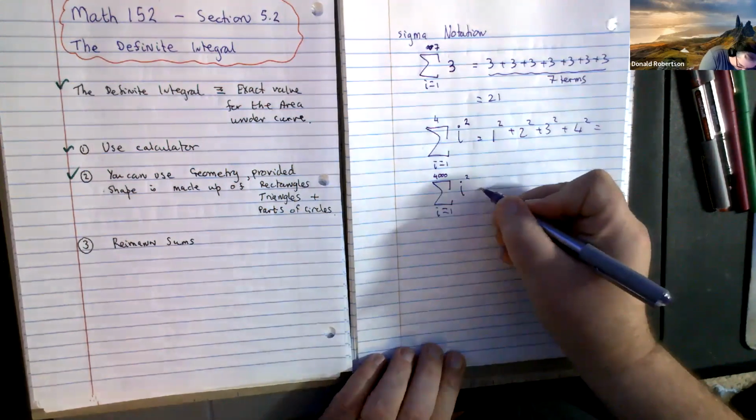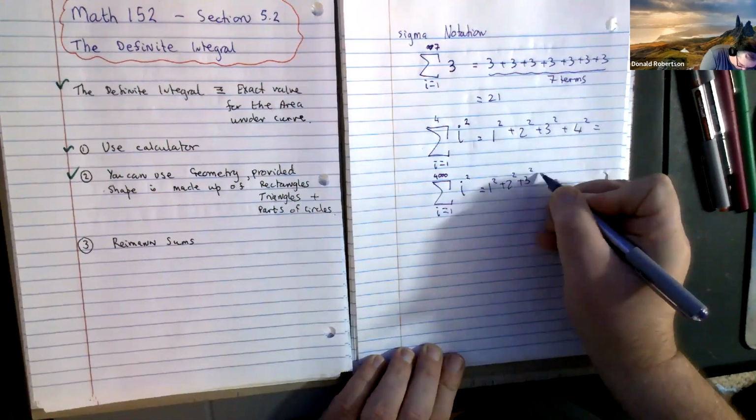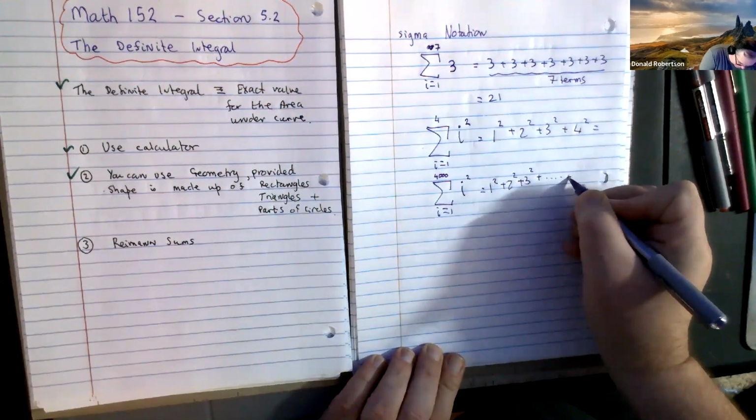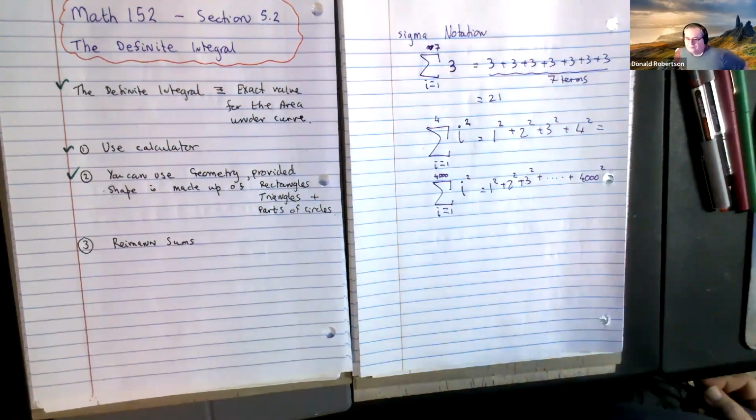Because technically it would be 1 squared plus 2 squared plus 3 squared, and then dot, dot, dot, and then you'd finish with what? In this case, 4,000 squared. So it's a very convenient way, isn't it, of representing a whole load of things being added together. In this case, the things happen to be squares.